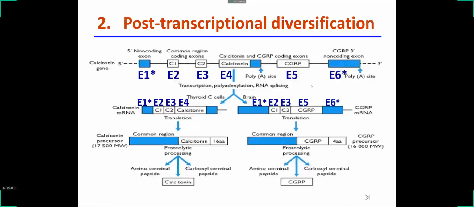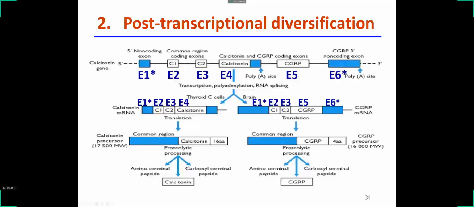And then due to transcription, polyadenylation, and RNA splicing, all of those things that you've learned about in molecular biology, you can get a messenger RNA piecing together E1, E2, E3, and E4 that gives you a calcitonin messenger RNA, with a signal sequence and the various pieces that will get processed.